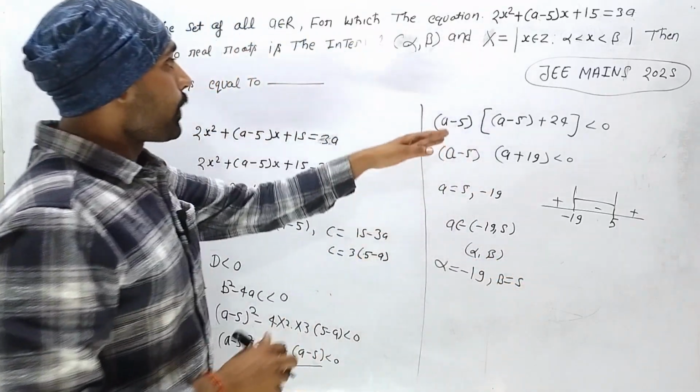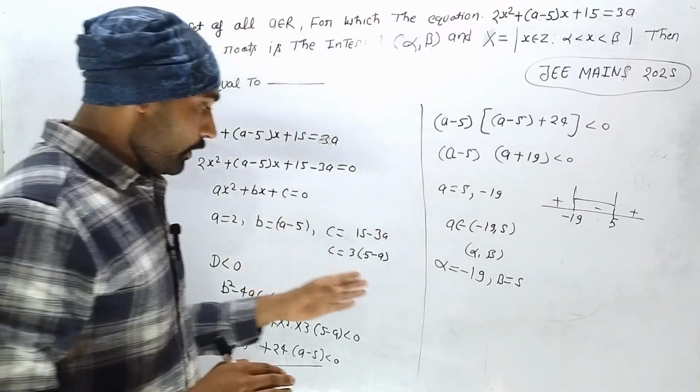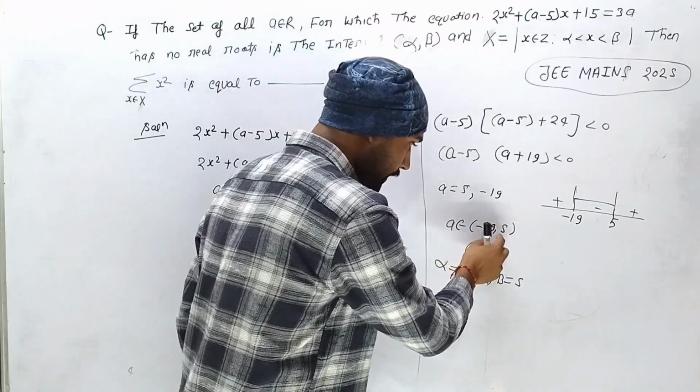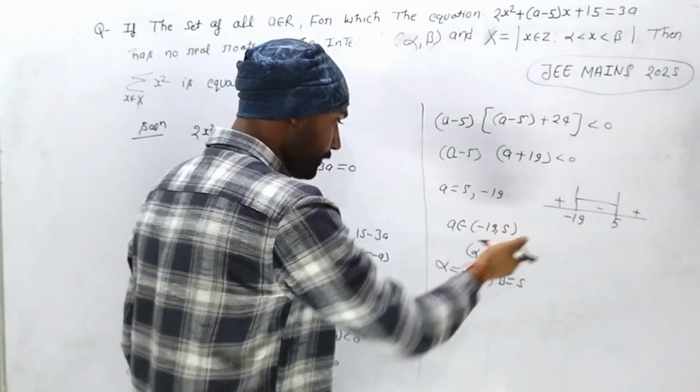Now we need to find the sum of x square for x belonging to the interval. At first we need to know how many integers lie between minus 19 and 5.